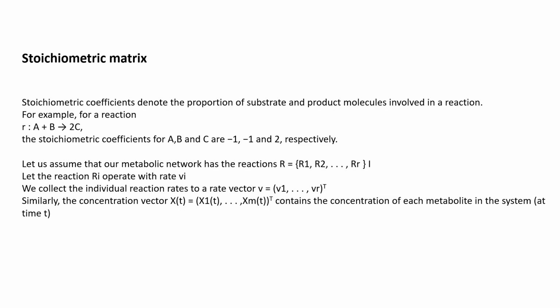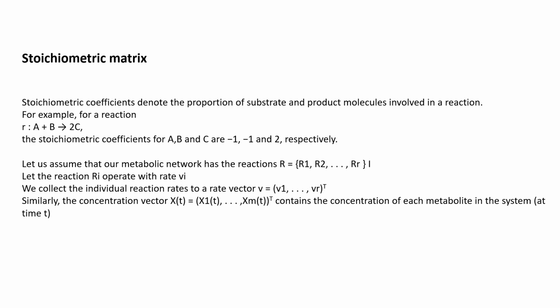Now, let us assume that the reaction Ri operates with rate Vi, and we can collect these individual reaction rates into a rate vector. This is a column matrix consisting of all the rates of all the reactions in the metabolic network. So you have R reactions.